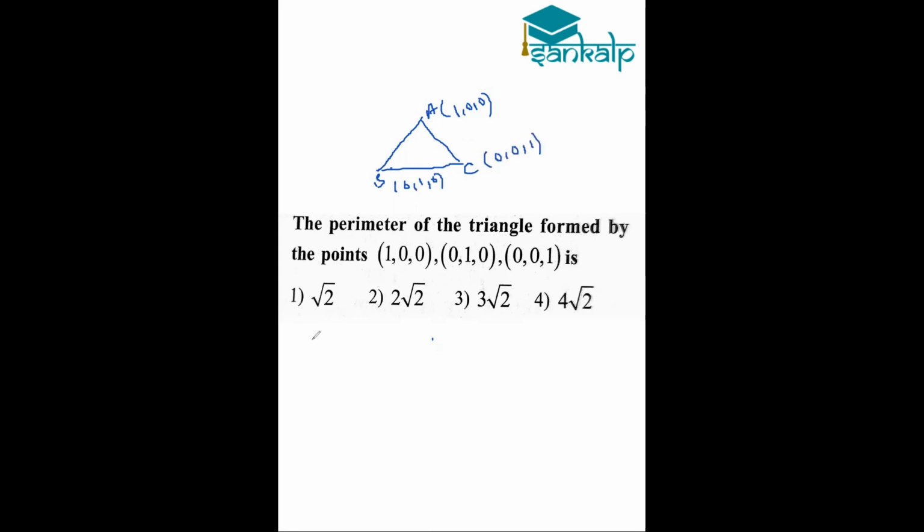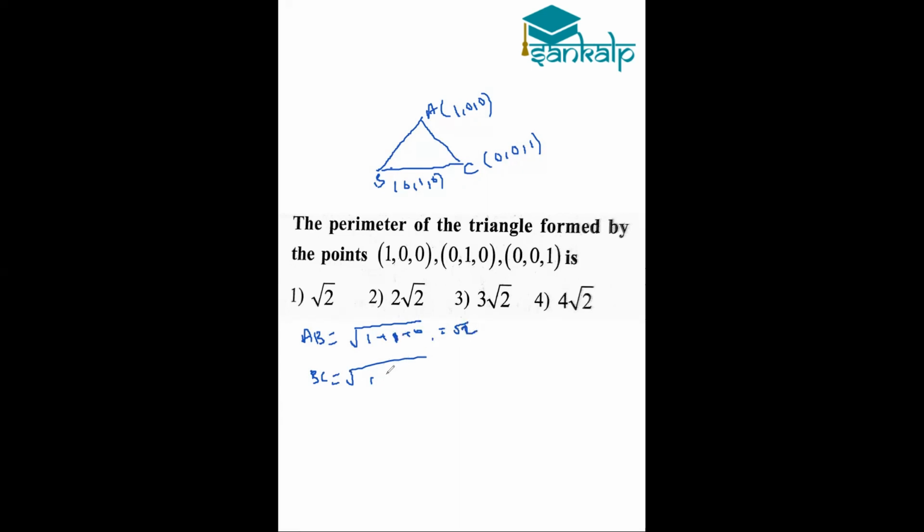So on simplifying, the distance AB will be equal to square root of, subtract 1 minus 0, so 1 minus 0 will be 1, 1 square is 1, plus 1 plus 0, which will be equal to root 2. We made a mistake here, it will be root 2.